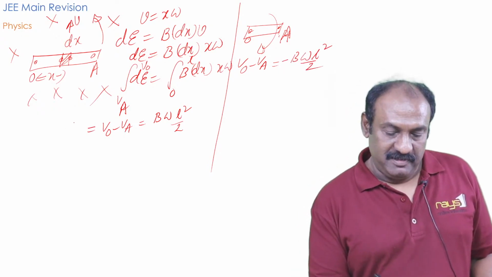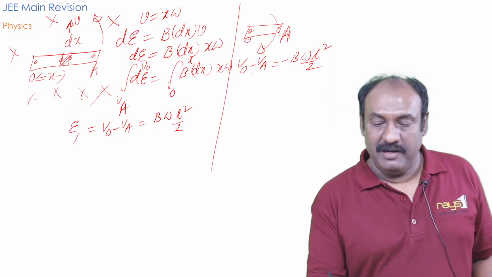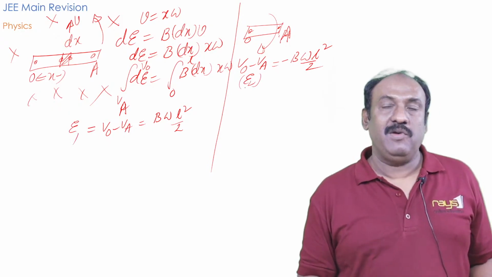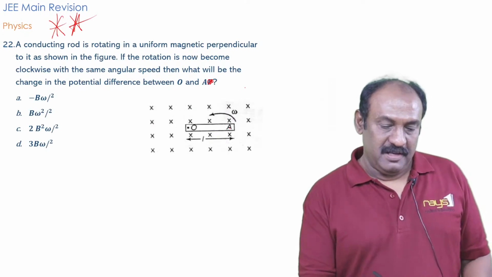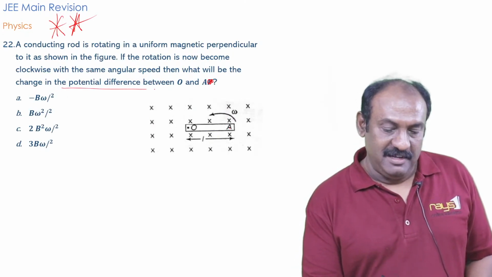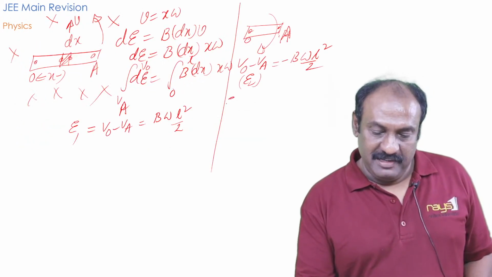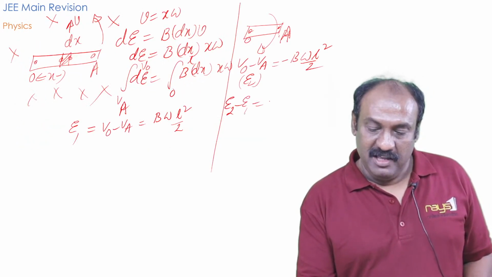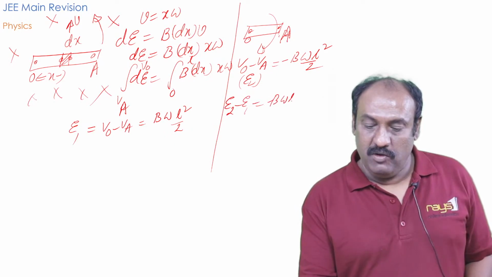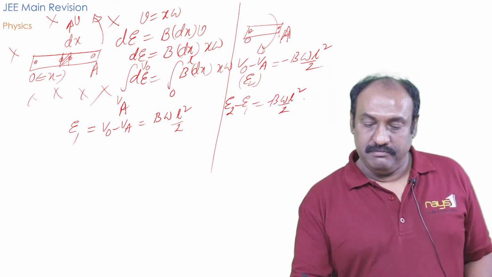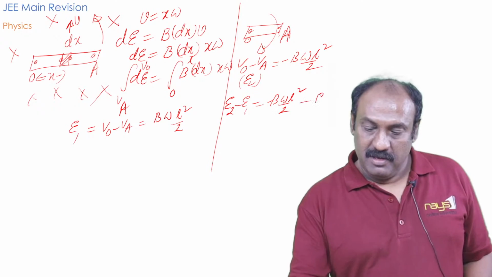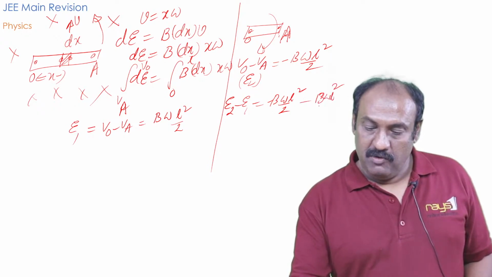Now this one is taken as E1, and this one is taken as E2. Now, what we want, see the question: what will be the change in potential difference between O and A? So the change in potential difference, that is E2 minus E1, is equal to minus B omega L square by 2, minus of this value, B omega L square by 2.